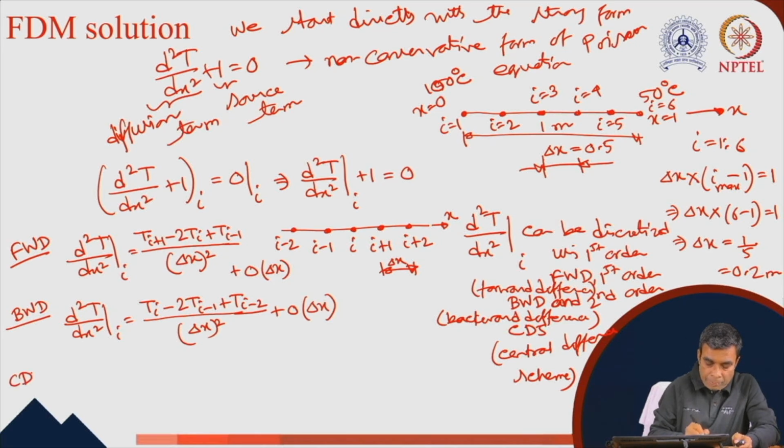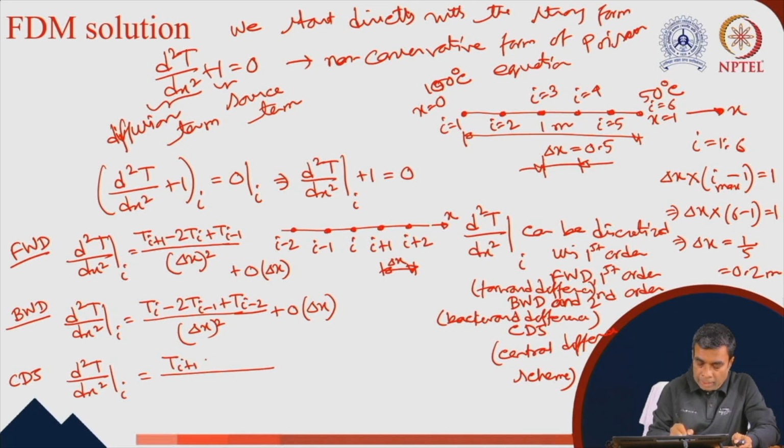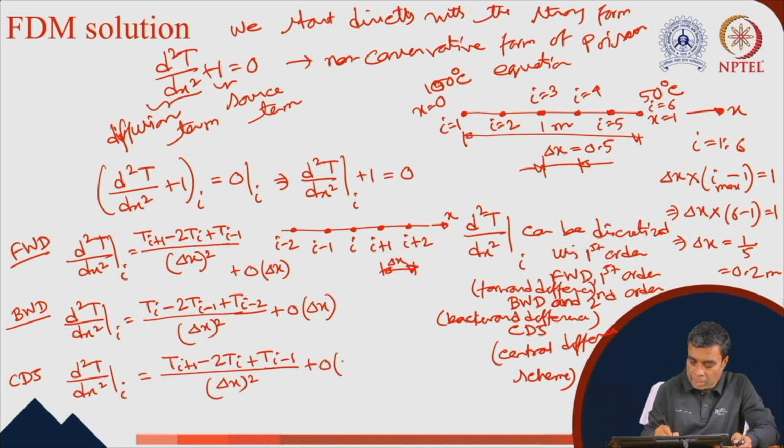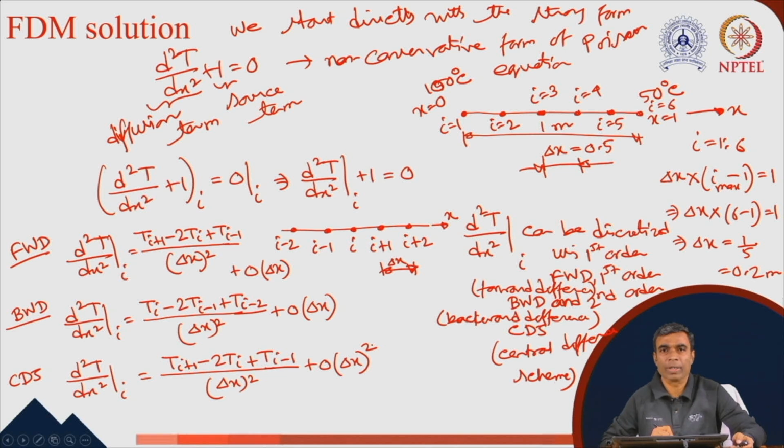And the central difference scheme for d2T/dx2 at the ith node becomes (T(i+1) minus 2T(i) plus T(i-1)) by delta x whole square plus order of delta x whole square. It means that for the same second derivative, we have three different expressions using the forward difference scheme, backward difference scheme, and the central difference scheme.